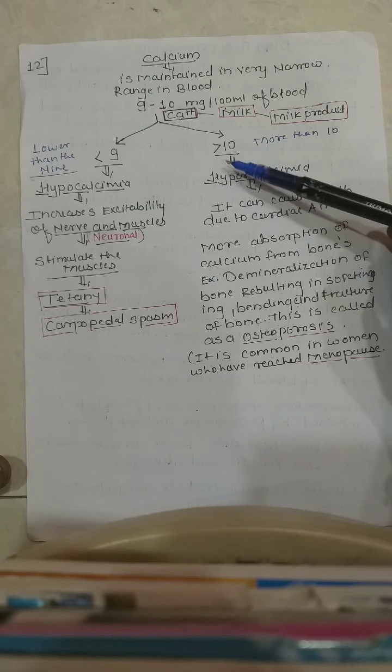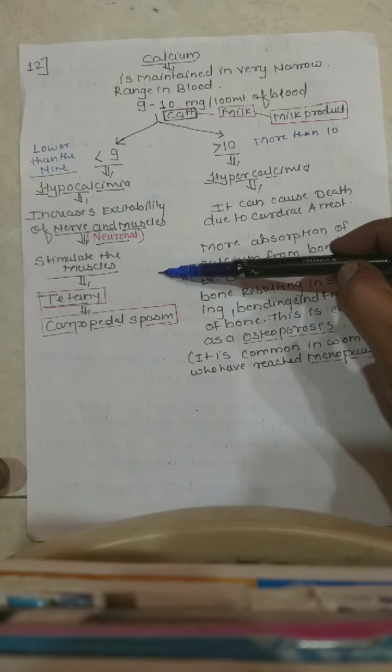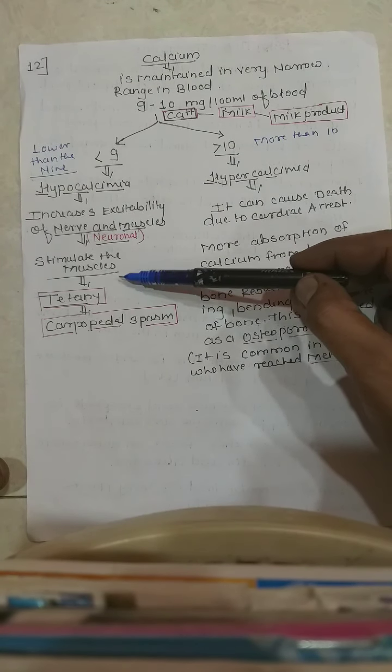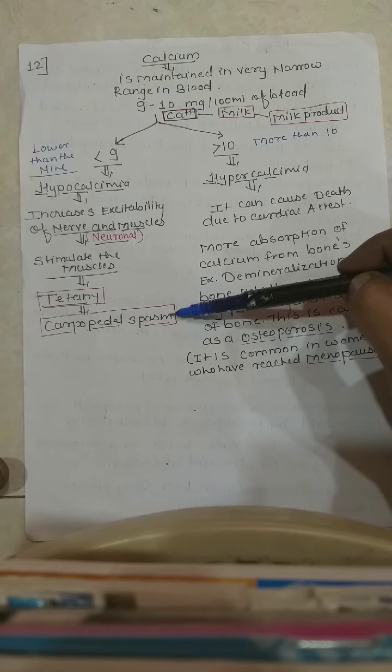If the level is more than 10, that is hypercalcemia. It can cause death due to cardiac arrest. A high level of calcium is dangerous, and a low level is also dangerous. Low levels cause tetany, which means carpopedal spasm.